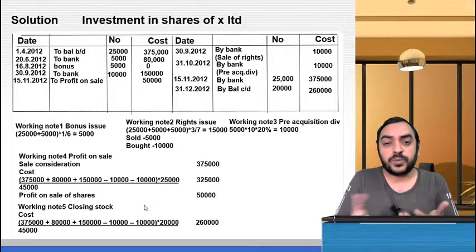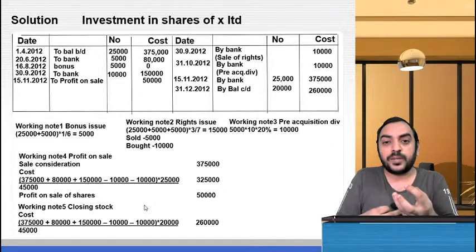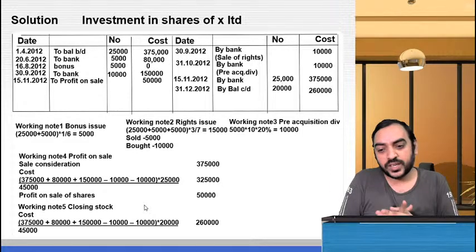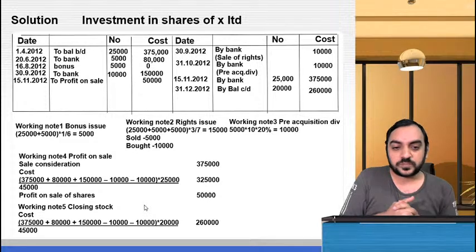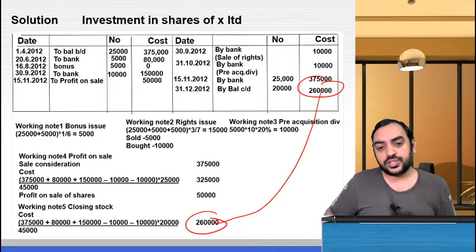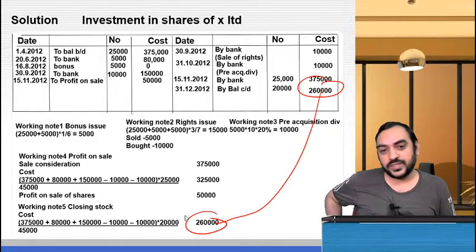Average cost is much simpler: total whatever the cost, divided by number of units, into units sold. That's all the answer. Okay, hope you got the point. So you can do cost as a balancing figure, or you can also do it by the calculation of the working note I've given. Both ways it works.